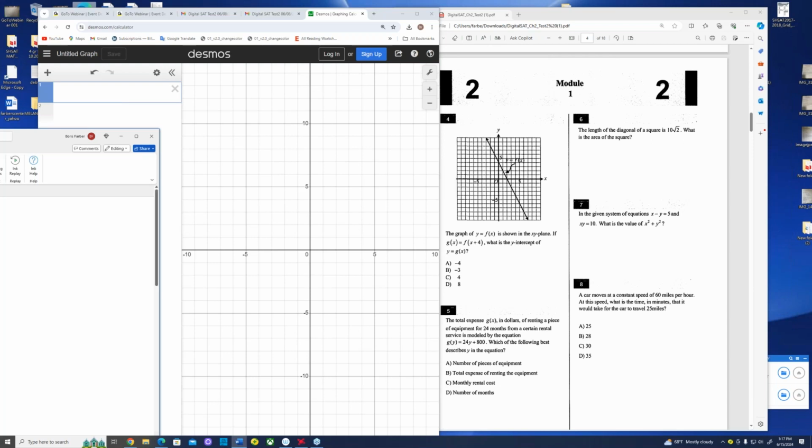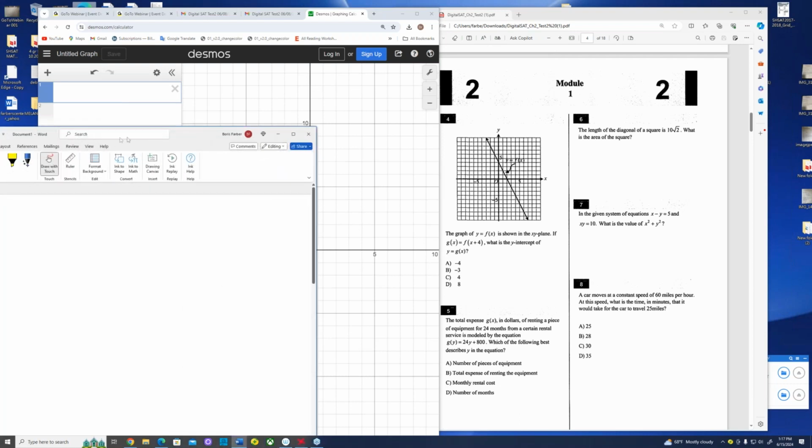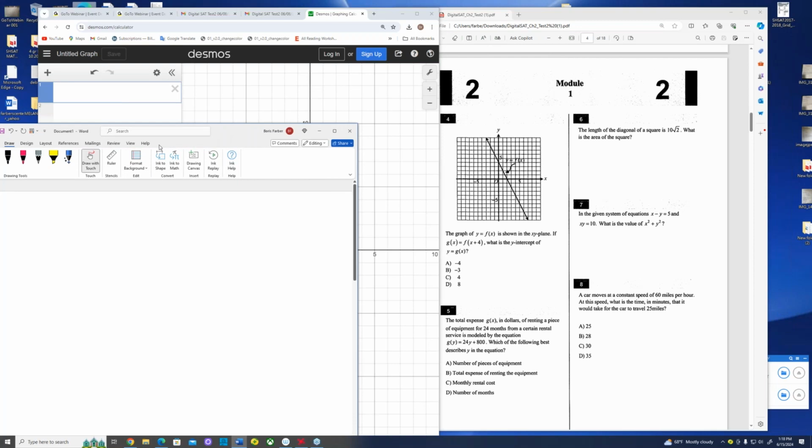You know that if you have a square, number 6, and you have a diagonal, this diagonal.